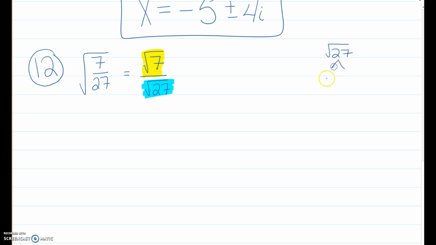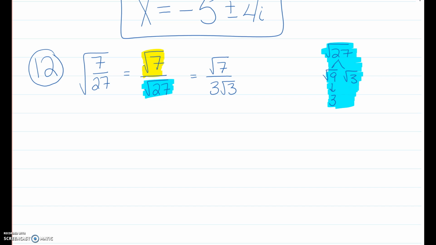The square root of 27 we can split into the square root of 9 times the square root of 3. So this is, on the bottom, 3 times the square root of 3. We still have that square root of 7 on the top. Trying to color code all of this to make it make sense.